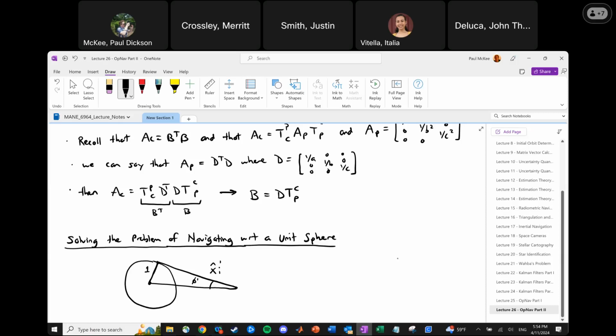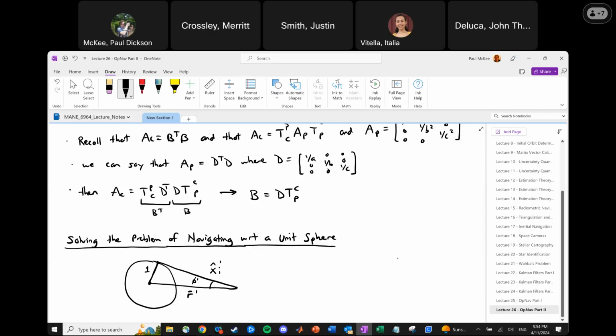So this is a point in the image plane describing a limb point on the surface of the moon. It's in homogeneous coordinates, and it's been factored by this matrix B so that we know we're working relative to a unit sphere. And then this vector is the vector from the spacecraft to the planet, also factorized.